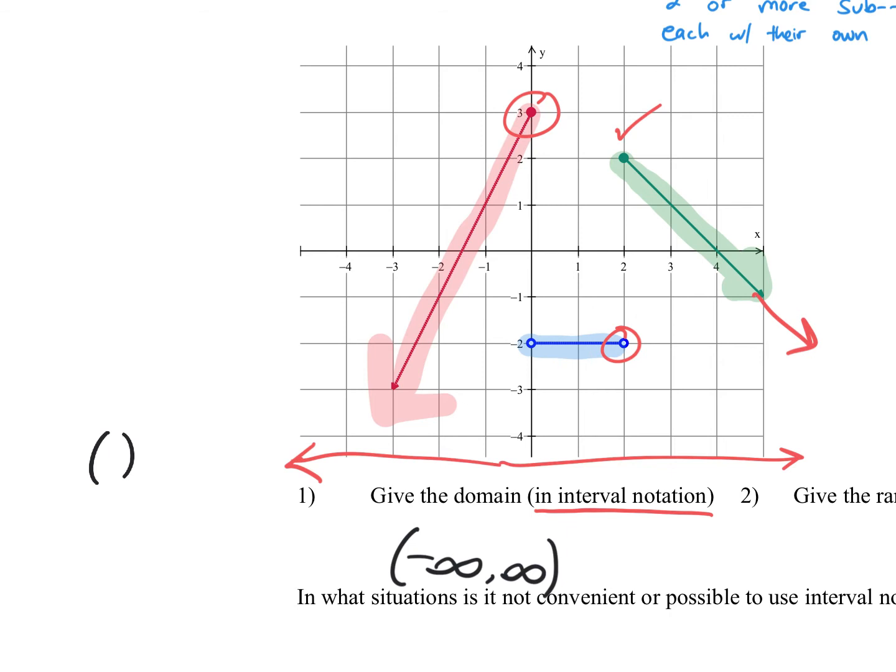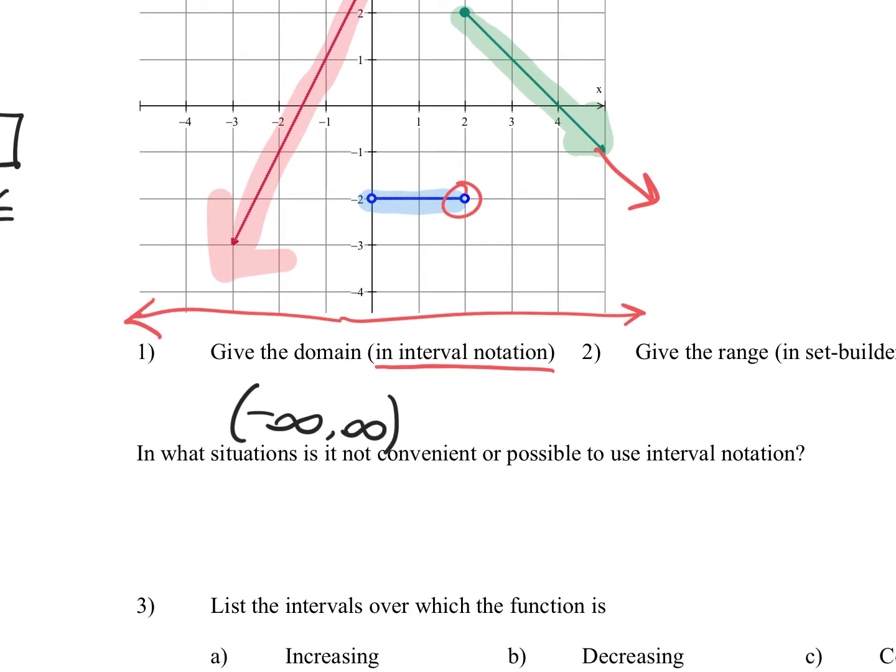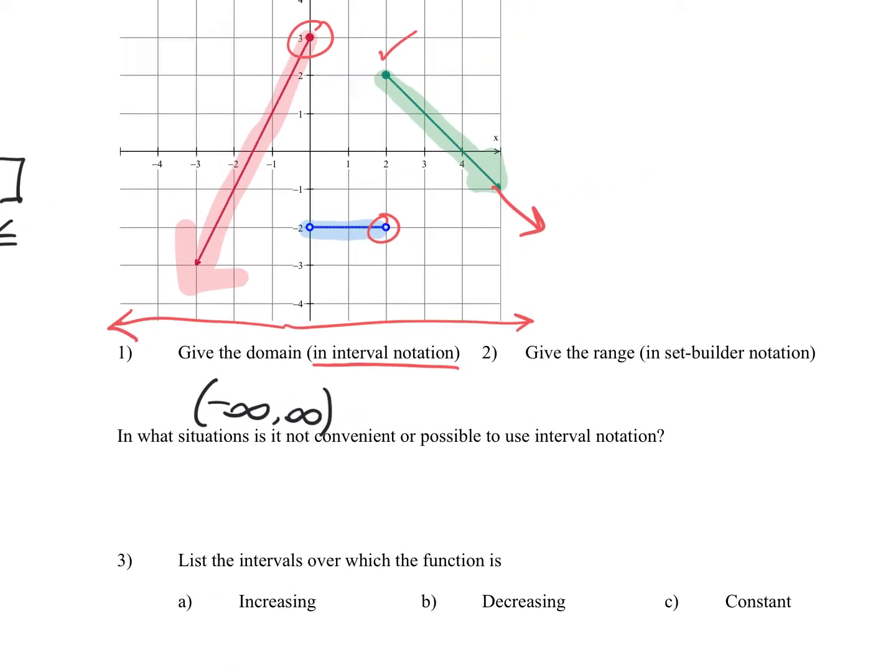We use square brackets if instead we had a greater than or equal to or a less than or equal to. This represents the interval of all the possible domains, so it's all the numbers starting at negative infinity, not including negative infinity, and going to positive infinity.